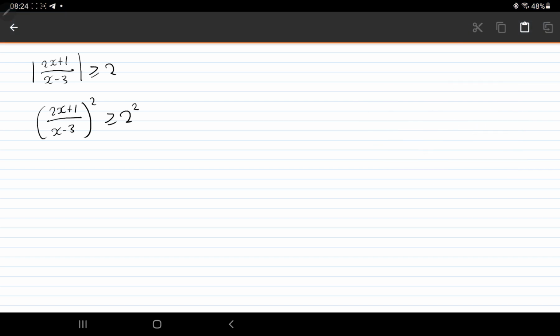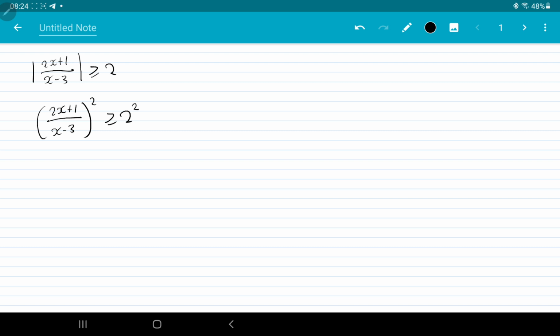Right now we can expand it. If you want to expand the numerator and denominator, then you may. So you get 4x squared plus 4x plus 1 divided by x squared minus 6x plus 9, and that is bigger than 4.